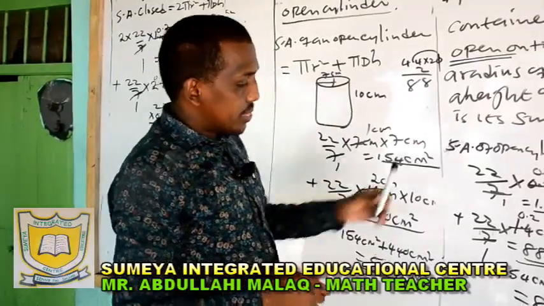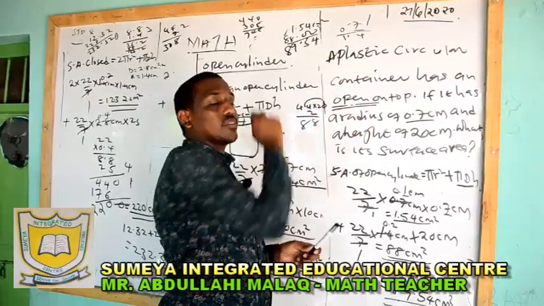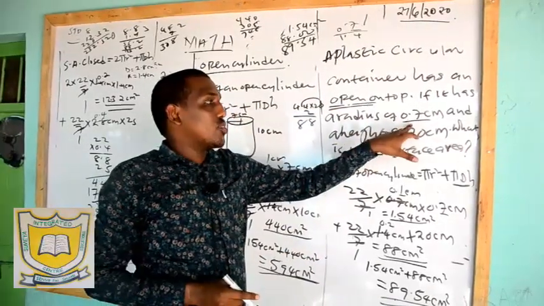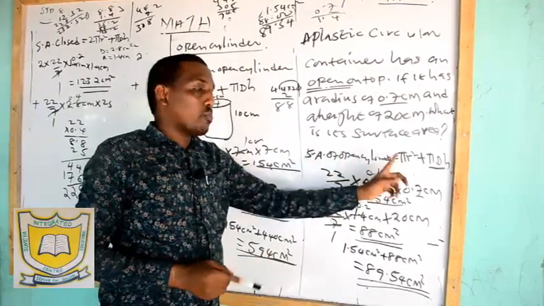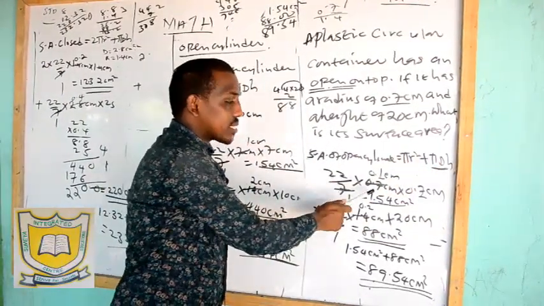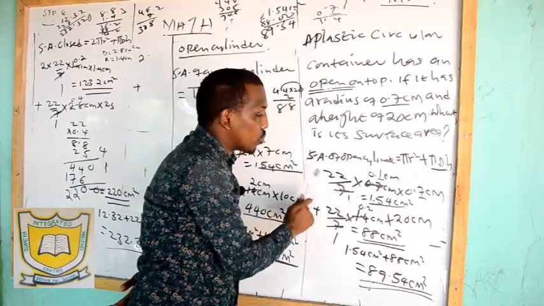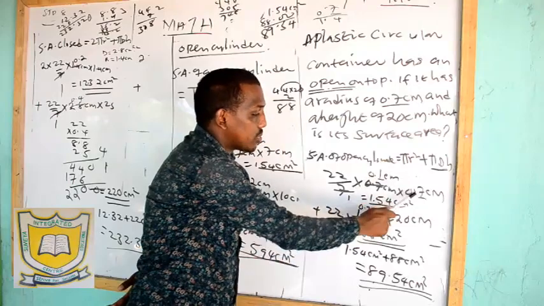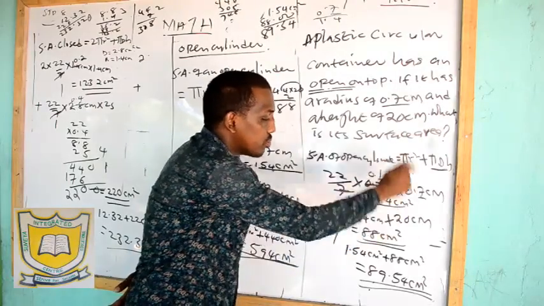Yes, we are repeating now. You are given an open container; that one you underline. The radius is 0.7, height is 20 centimeter. Open: πr² plus πdh. 22 over 7 times 0.7 times 0.7. 7 into 7 is 1, 7 into 0.7 is 0.1. 22 times 0.1 times 7 gives 154, decimal point 1, 2, so 1.54 centimeter squared.